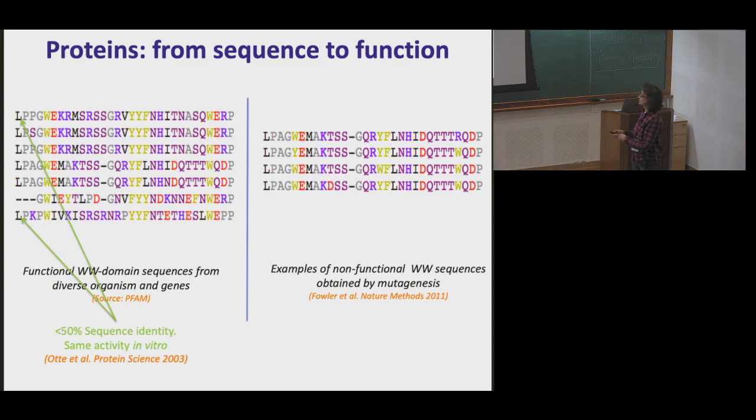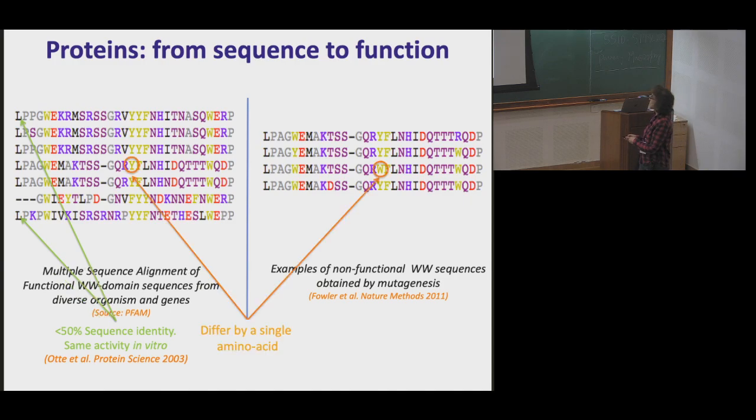In this case, for example, the two sequences are quite different: they have only 50% sequence identity, but they have the same activity in vitro. On the contrary, these two sequences differ by only one amino acid, yet one is functional and one is not functional. So we really want to be able to infer from data the difference between them.